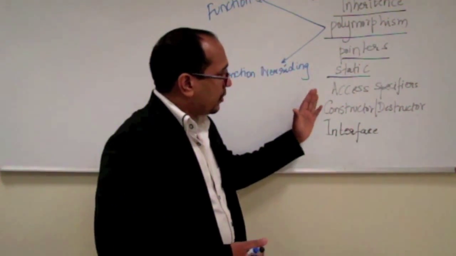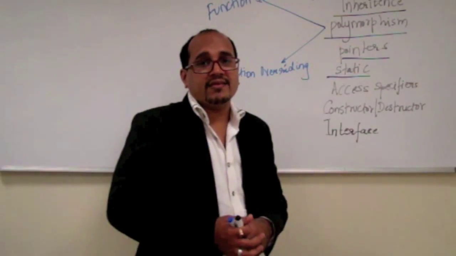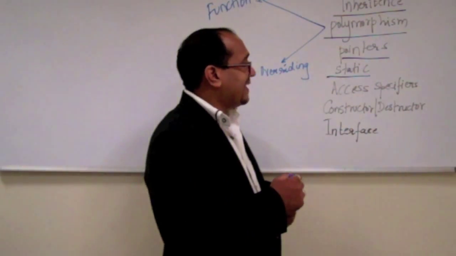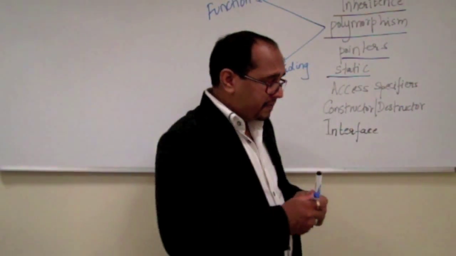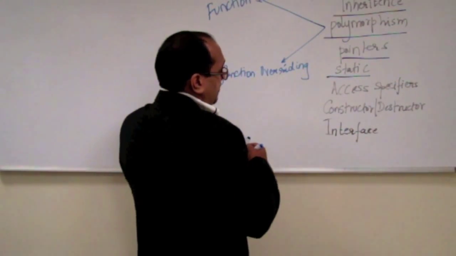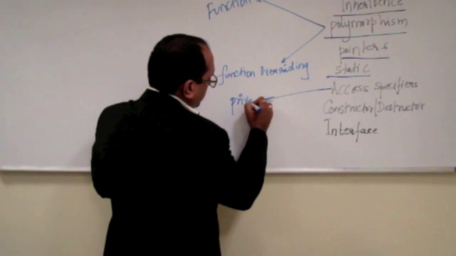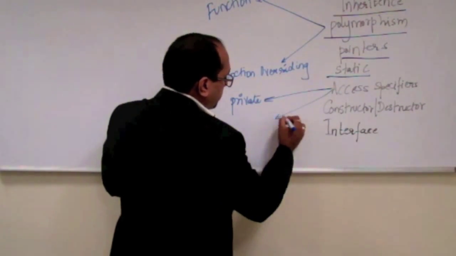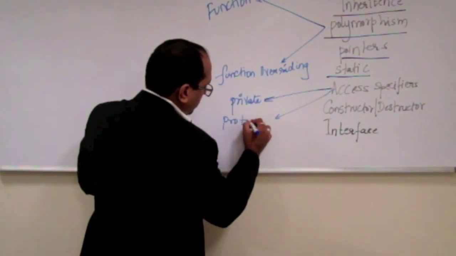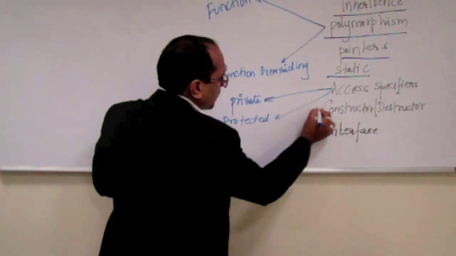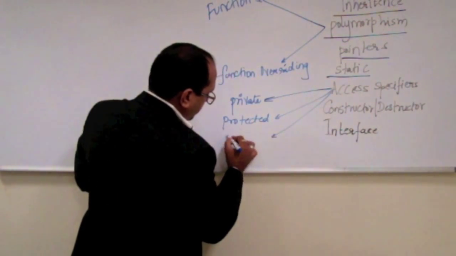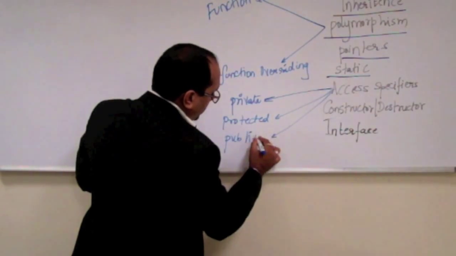Now we got to concentrate on a term called access specifiers. Now when we say access specifiers, some terms come to your mind. It's called private, protected, public. Now what does it mean?